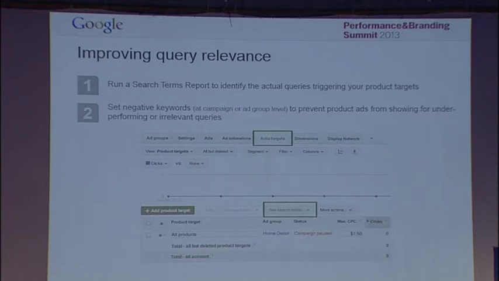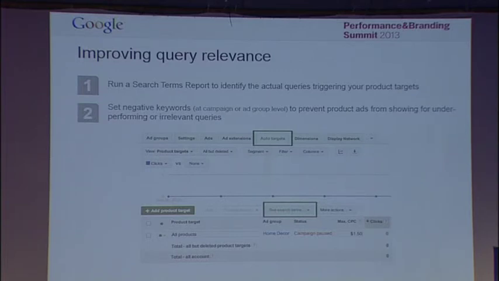Another thing that you can do to further optimize your PLA campaign is to look at the search query report in AdWords. So even if product listing ads don't use any keywords, the user types a query. So with that report, you'll be able to see what are the queries that triggered your PLA.